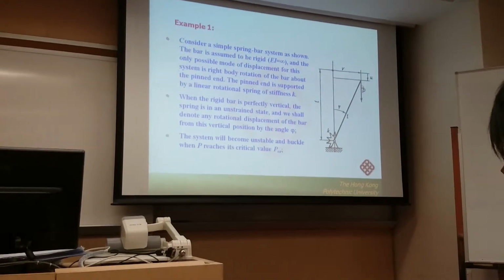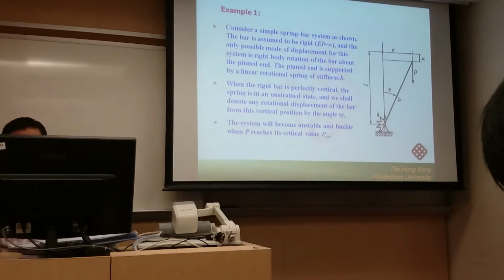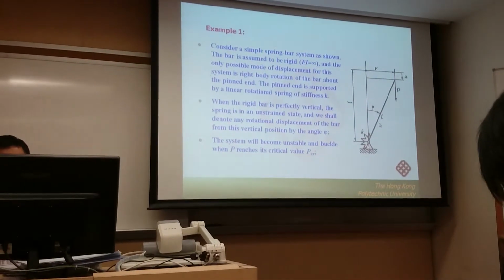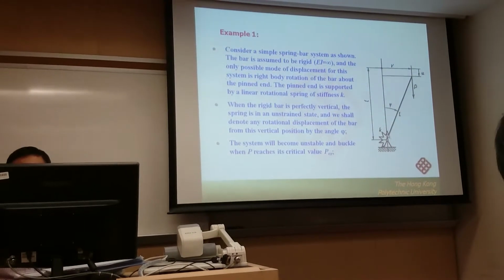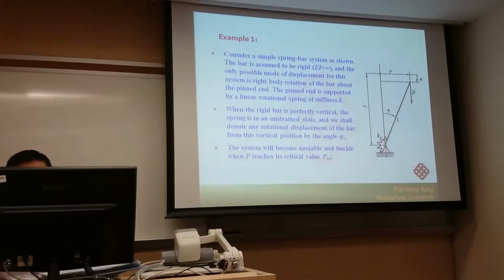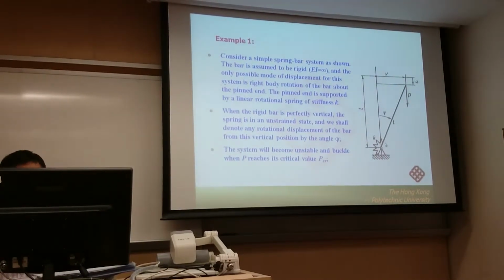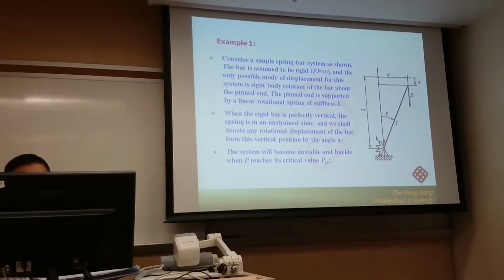The second part is the potential due to the applied force. For the strain energy, the residual bar has no contribution, but the rotational spring has a contribution to the strain energy. So this strain energy is totally from the spring, not from the residual bar.